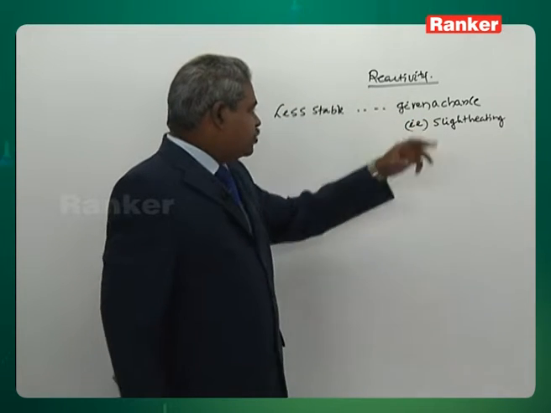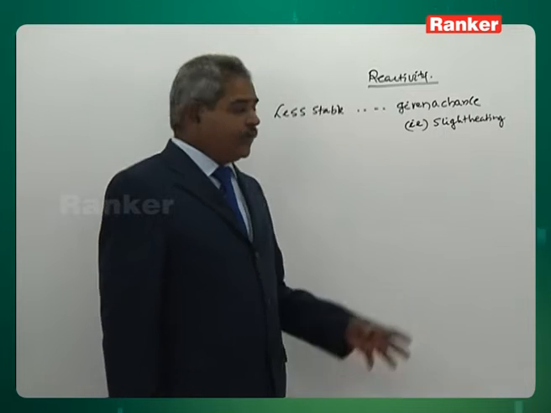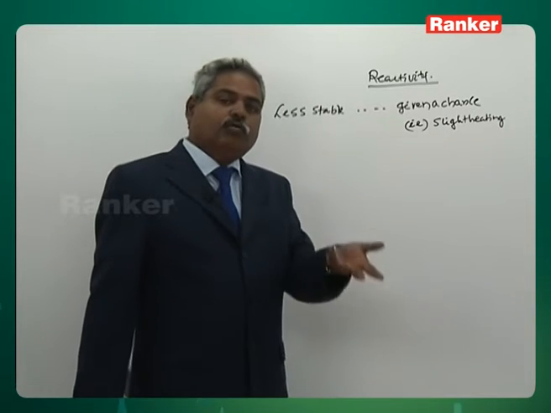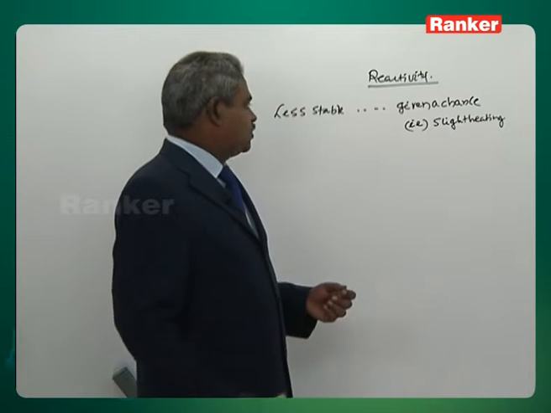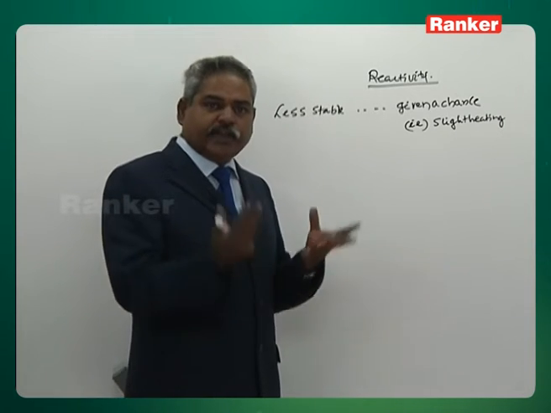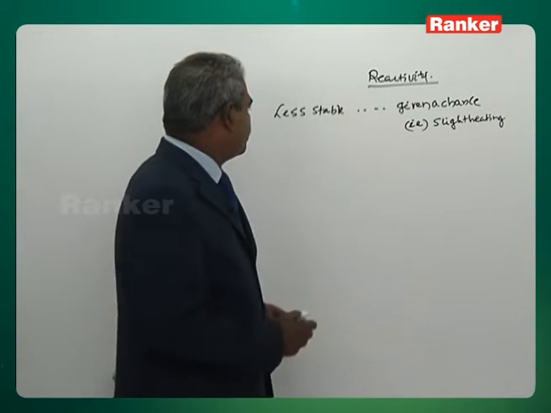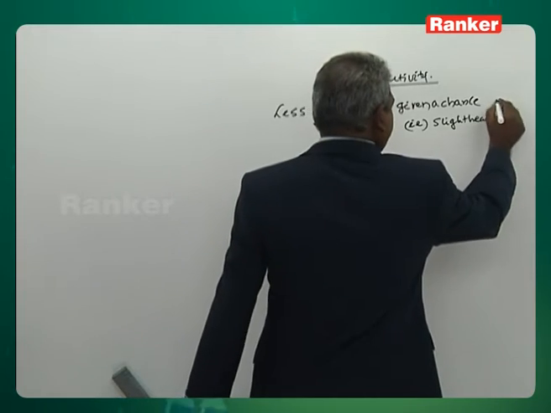I insist on this point, slight heating, because when you heat very strongly, you don't know what might happen. Anything may happen. So it should be a natural process. When you're heating slightly, something takes place in a natural way.